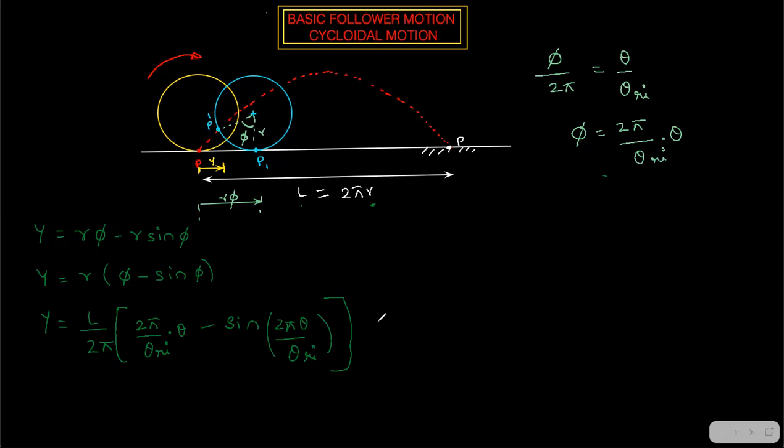Now just make a few modifications so I can write it properly in an equation which looks good. Theta by theta ri, just do some calculations, you can multiply the values inside and you'll get these values, right?